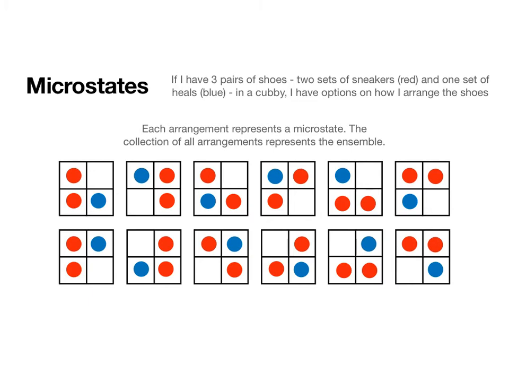If I have 3 pairs of shoes, I have 2 sneakers, which I have given red dots, and I have 1 set of heels. I know I have more than this, but let's just simplify my shoe closet for a minute.